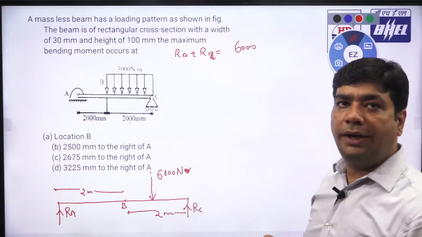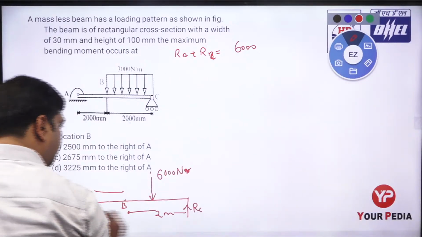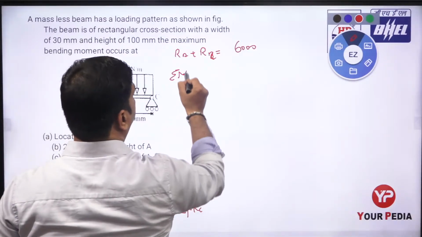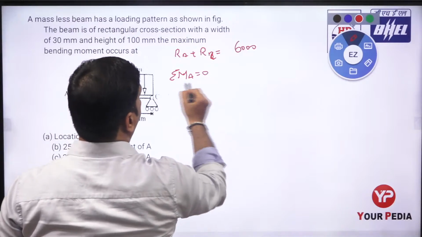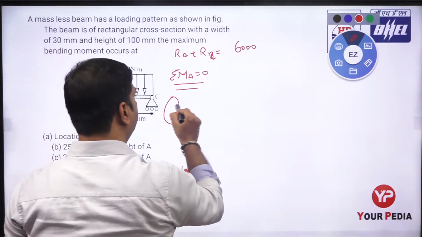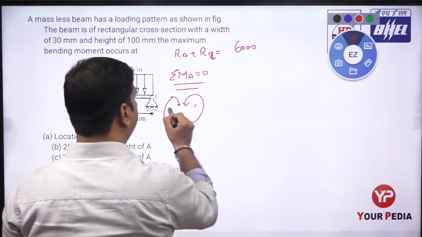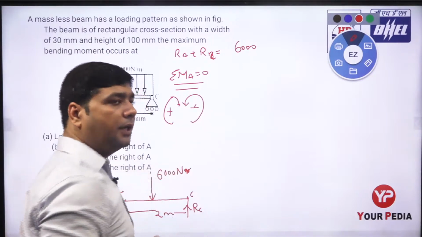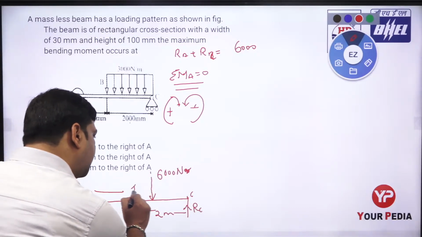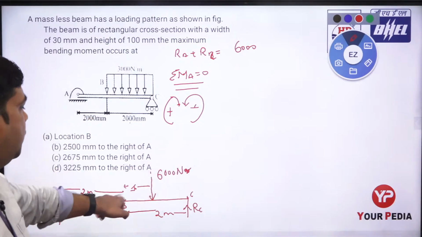Just take the moment at point A. This is point A, this is point C, and this is point B. Take the moment at A equals 0. Taking clockwise as positive and anticlockwise as negative, 6000 into distance. It acts at 1 meter, because it always acts at the centroid of the rectangle.